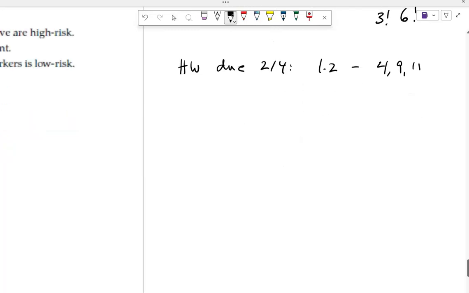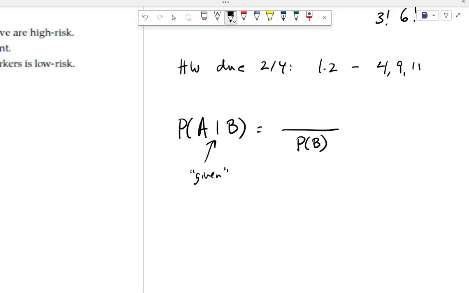So, in general, we write the probability of A given B. We read that vertical bar as given. Well, what has to happen? The B is the given information, so that's what changes the size of our sample space, as long as B is not impossible, because we don't want to divide by 0.